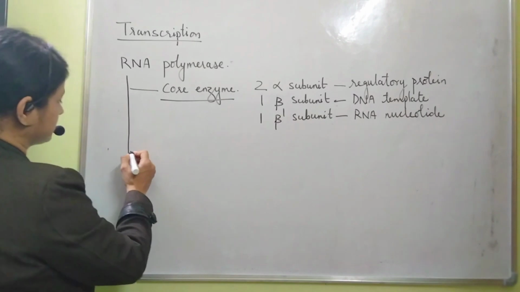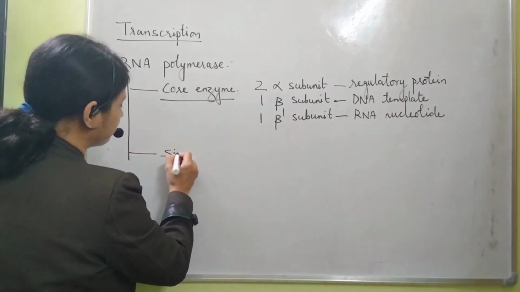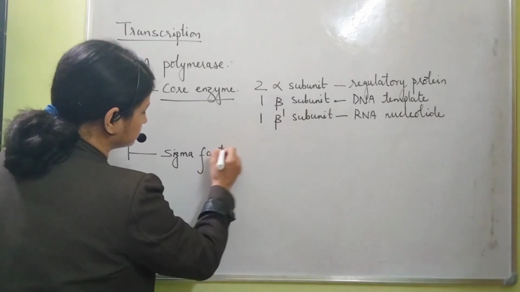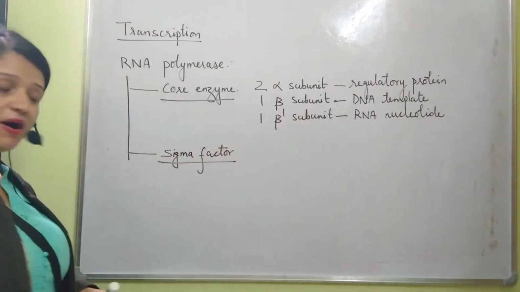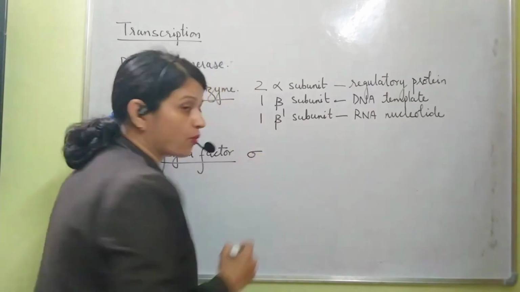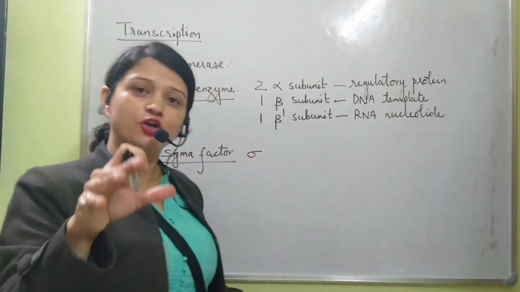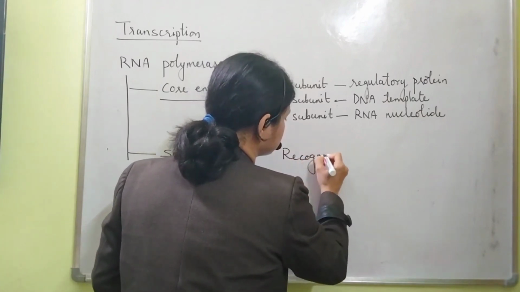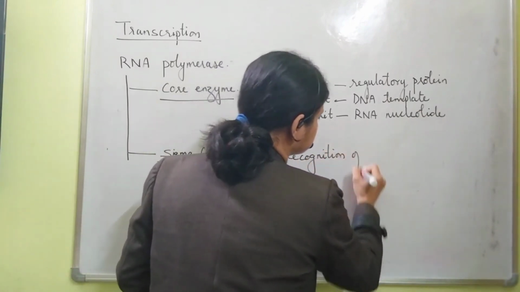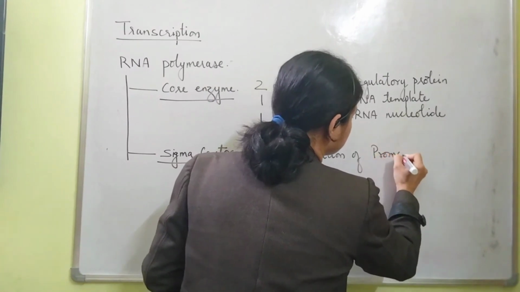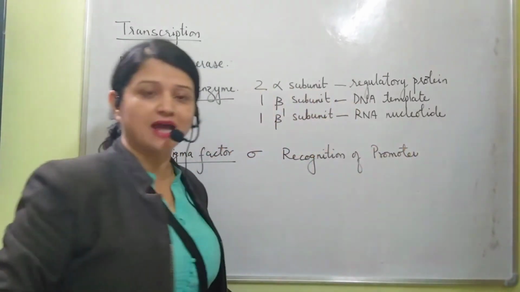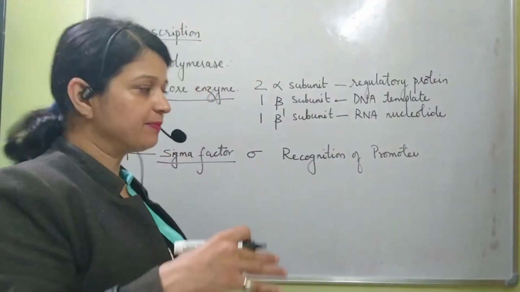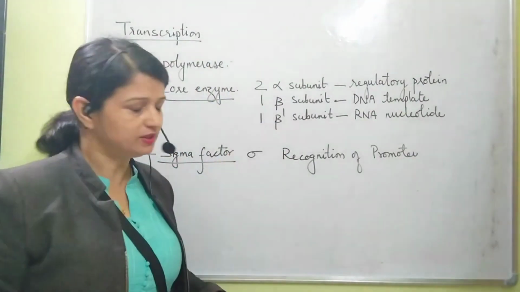The second part is sigma factor. Sigma factor is required for the recognition of promoter site. Promoter is that region from where the process of transcription will start. The RNA polymerase will bind to the promoter site.